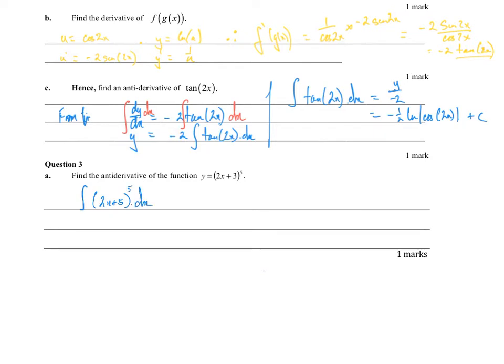So we've got the rule off our formula sheet. Add 1 to the power, divide by the power, and multiply by the coefficient of x, which is 2, plus a constant. So what I get is 1/12 of 2x plus 5 to the power of 6 plus some constant c.